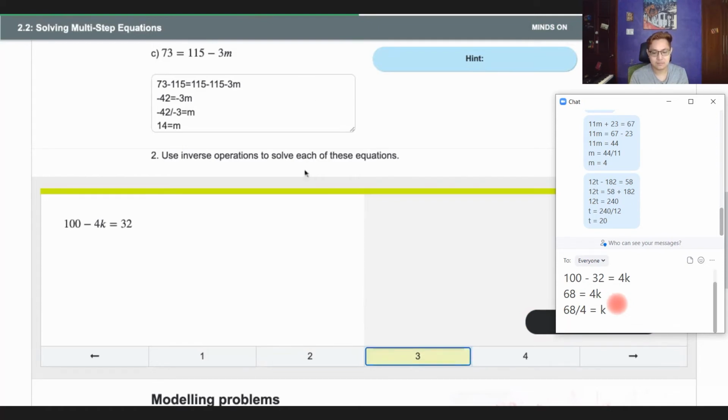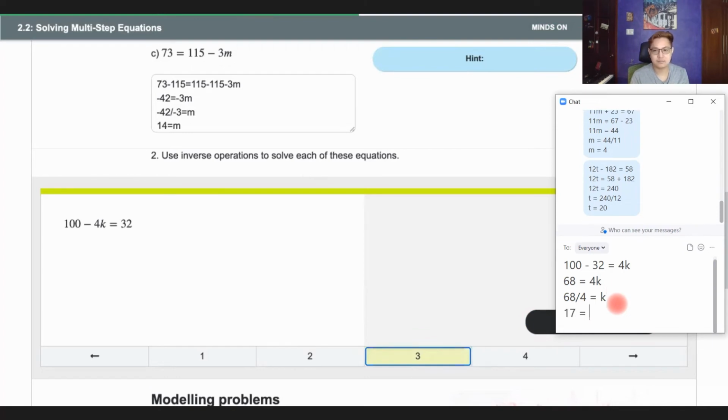So how do you do this? It's hard. No, it's not hard. Try to do this. It's not hard.